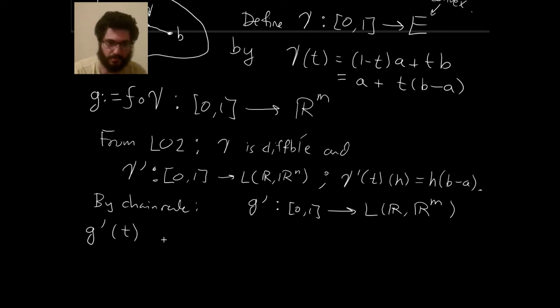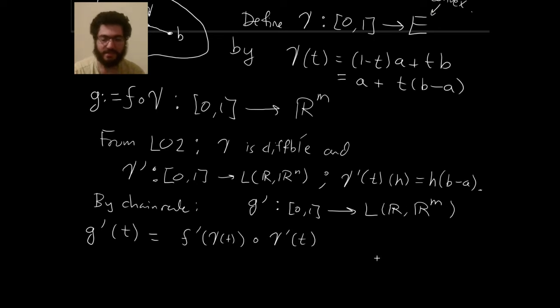And G prime t will be F prime of gamma of t composed with gamma prime of t. And so, actually let me feed in an h here so that I'm working with real numbers and not linear maps. So here of h.